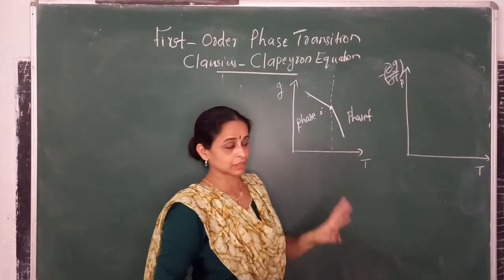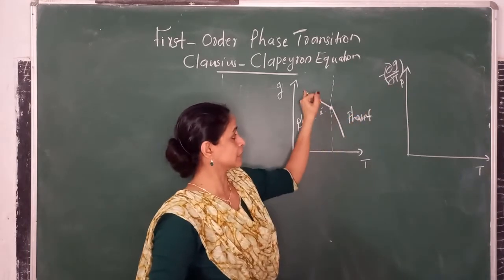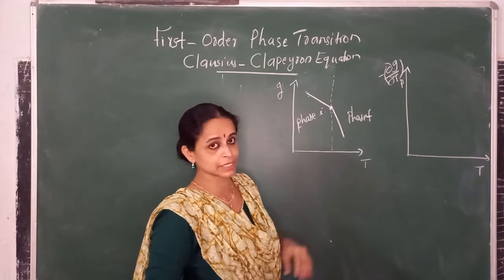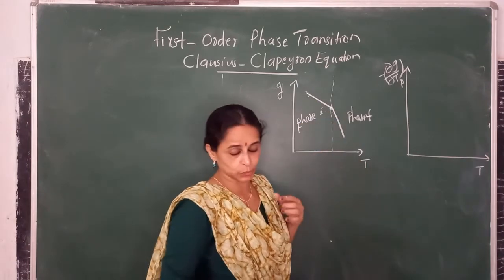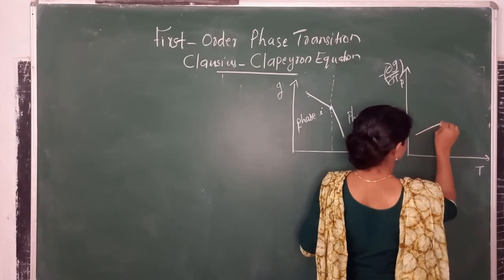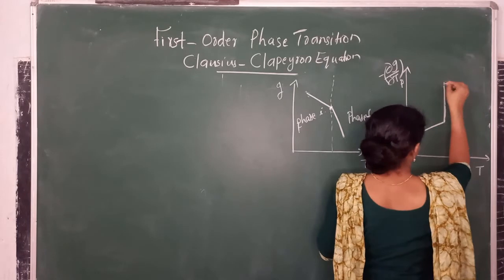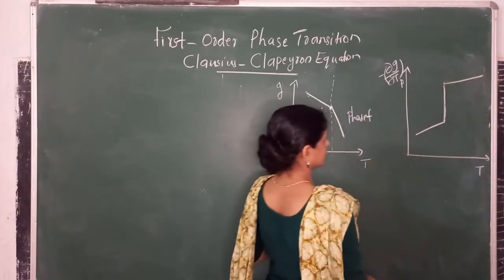Taking minus dG by dT from here, you will get a discontinuity at the transition temperature.